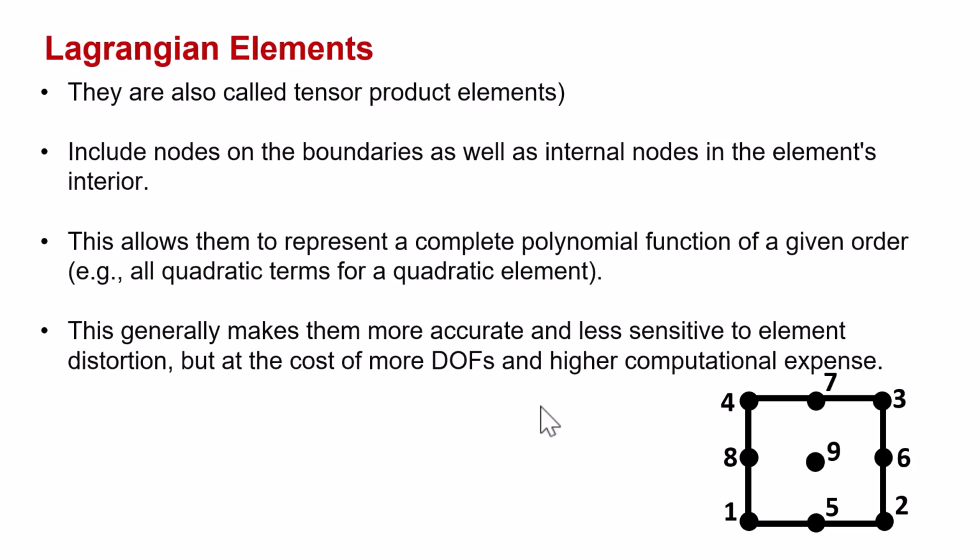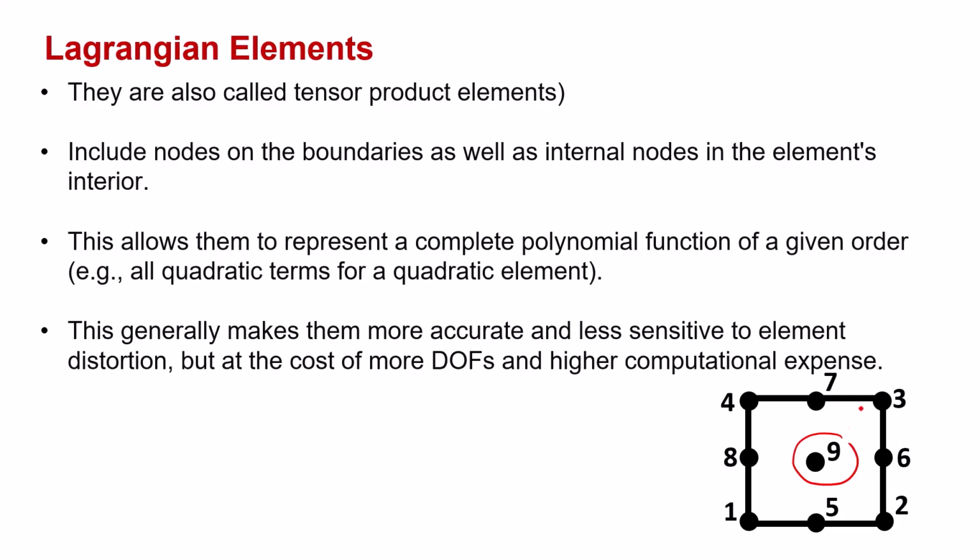Lagrangian elements, also known as tensor-product elements, include nodes on the boundaries and inside of the element, as you can see here for the Q9 element. The presence of the internal nodes allows them to represent a complete polynomial basis of a given order. For example, the Q9 element includes all quadratic terms and is therefore fully complete at the second order.